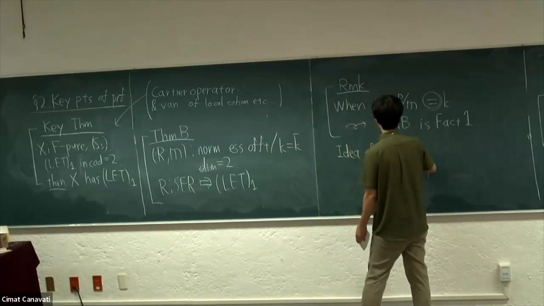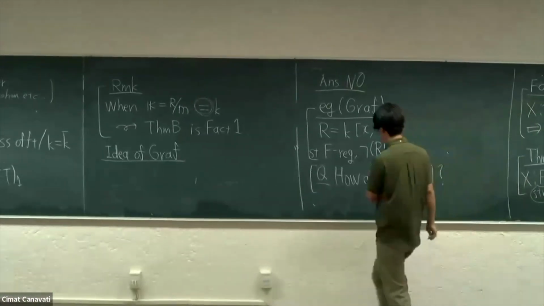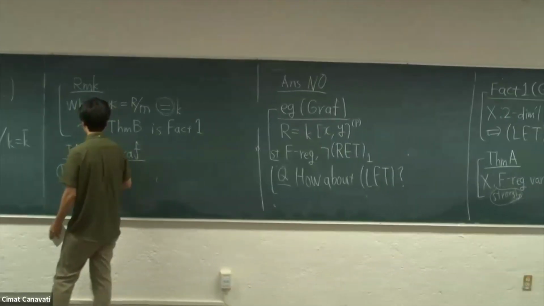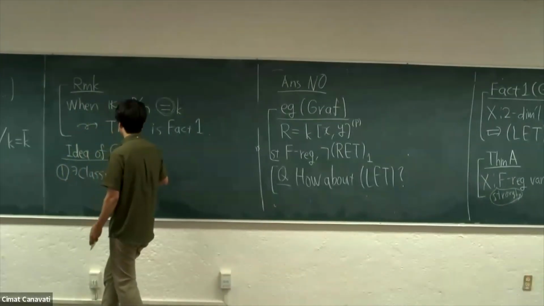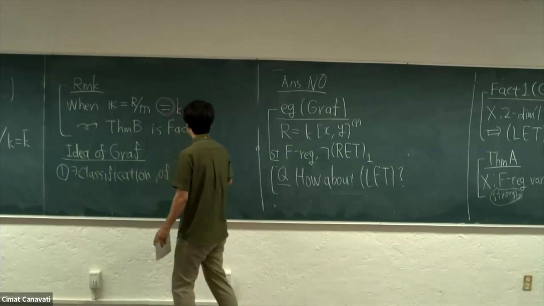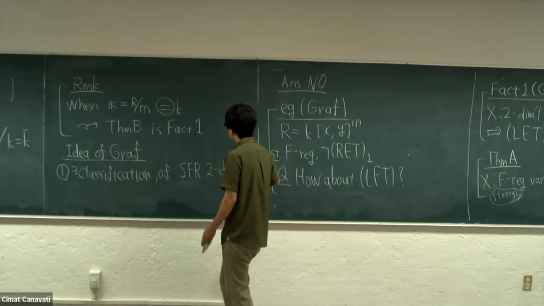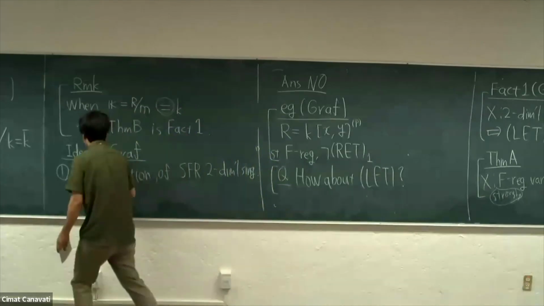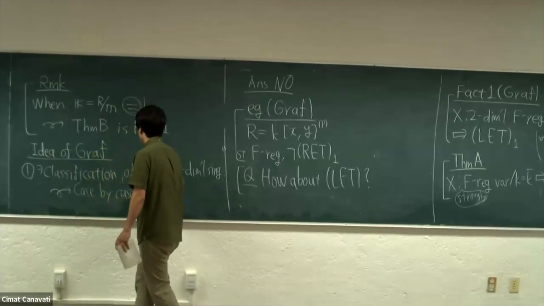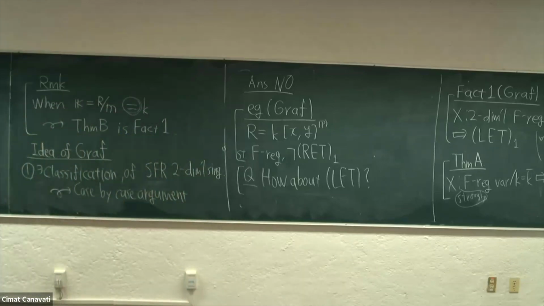To explain, we give an idea of Fact 1. One of the key points is the classification of dual graphs over strongly irregular singularities in dimension 2. Using this, we can do a case-by-case argument.